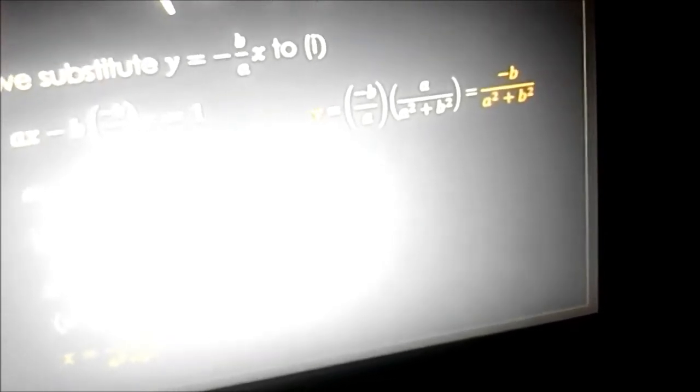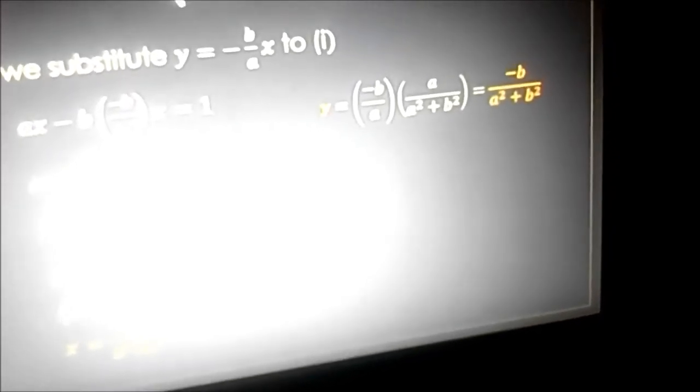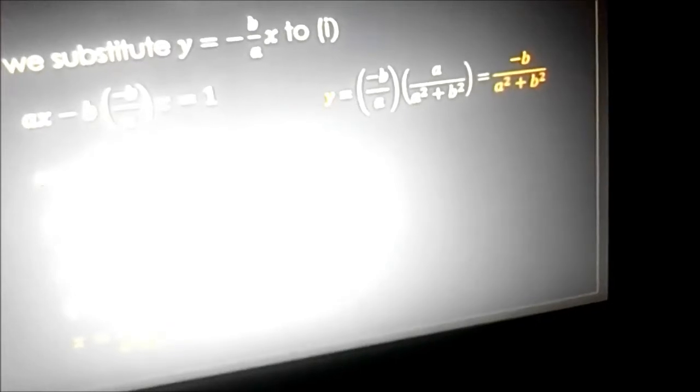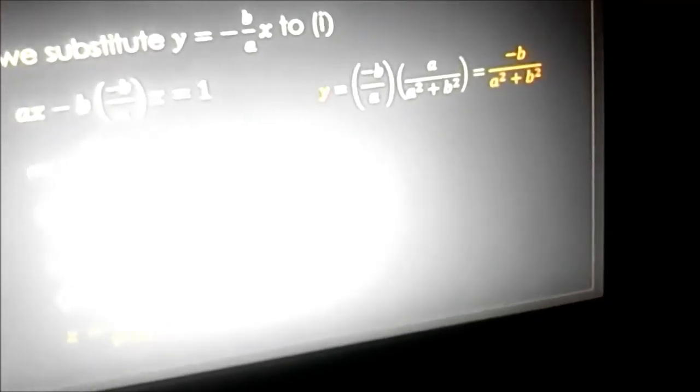Using the equation that we have, y is equal to negative b over a times our x value, a over a squared plus b squared. So therefore, our y is just equal to negative b over a squared plus b squared, canceling out the a's in our equation.